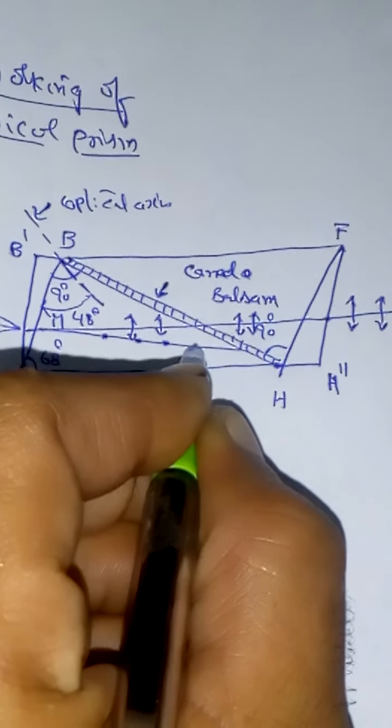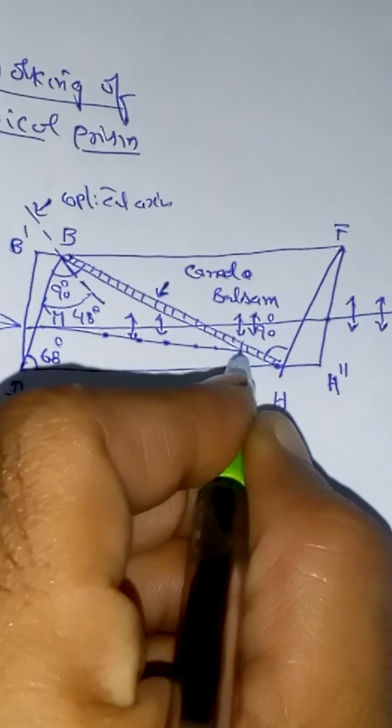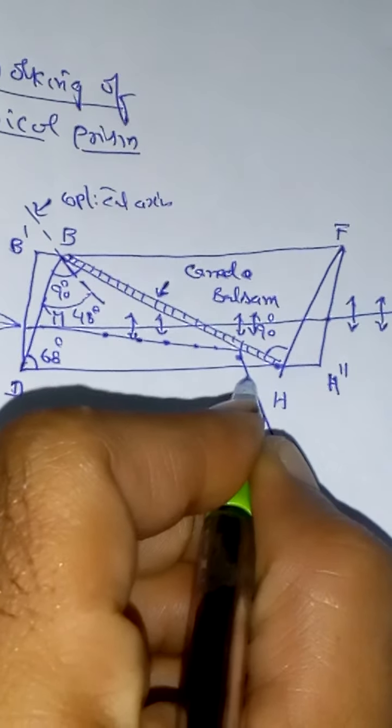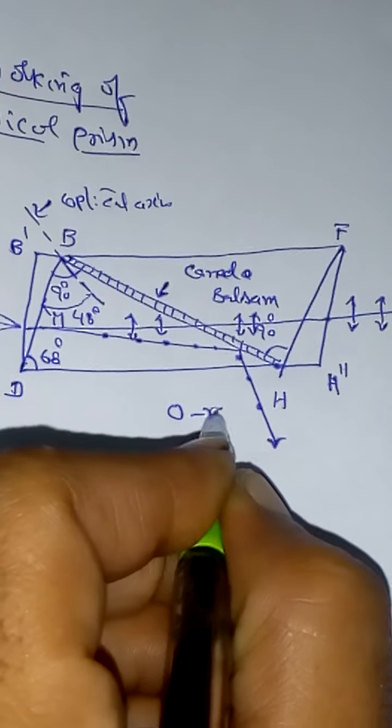This is the ordinary ray coming like this. This is the O ray.